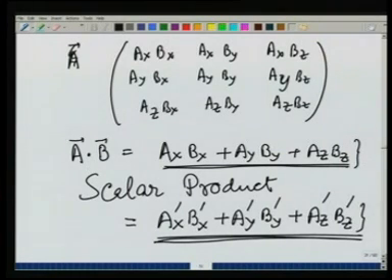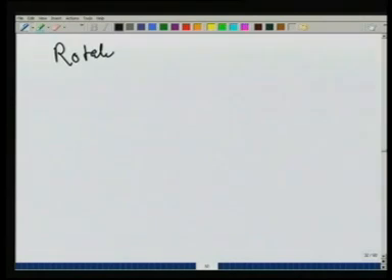Let us show that for one specific case, and the rest I will leave for you as an exercise. So, let us look at the rotation about the z axis.